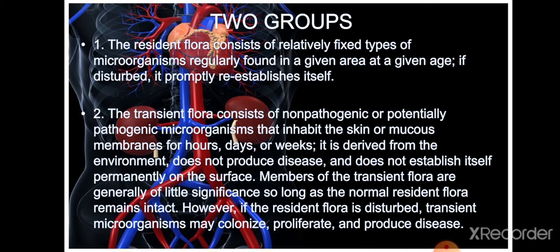Second is the transient flora, which consists of non-pathogenic or potentially pathogenic microorganisms that inhabit the skin or mucous membrane for hours, days, or weeks. It is derived from the environment, does not produce disease, and does not establish itself permanently on the surface.